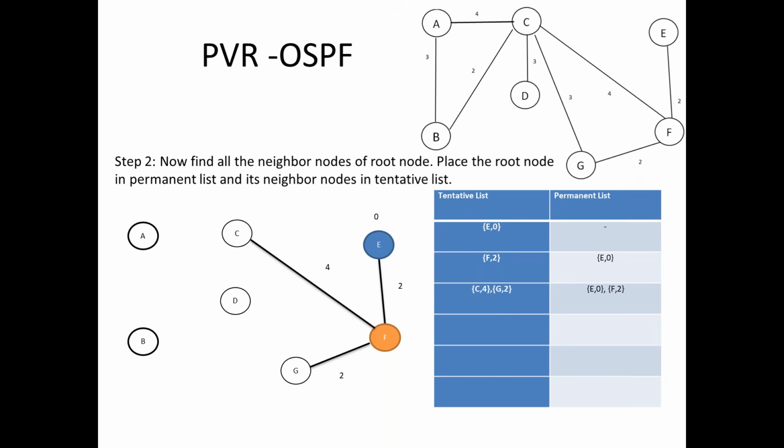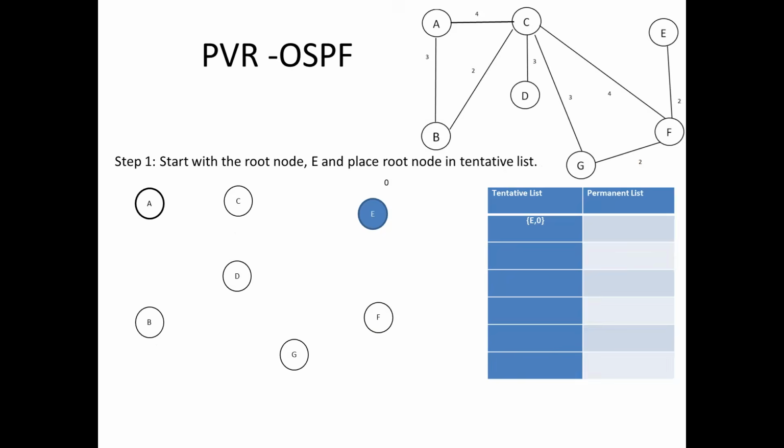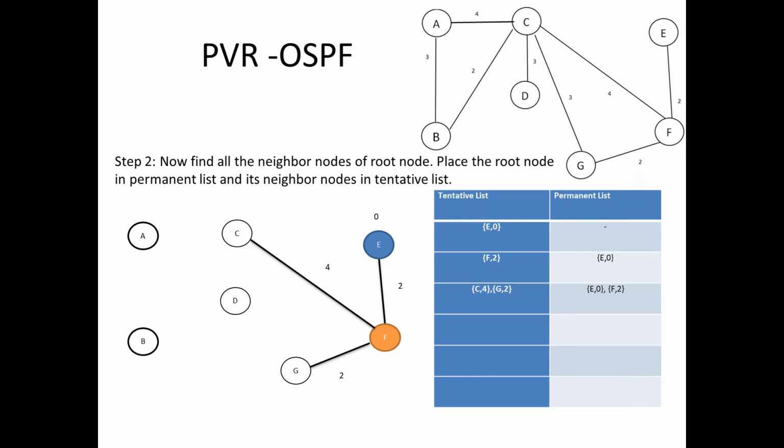Now, second step. So now we need to find all the neighbors of the root node. The root node is connected only with F. So F is my neighbor. Actually, I think I have missed one diagram, one step.